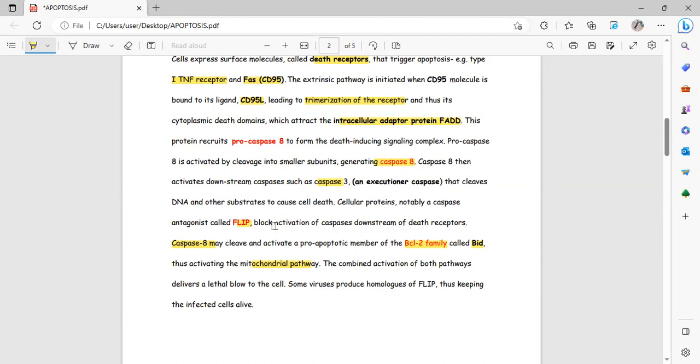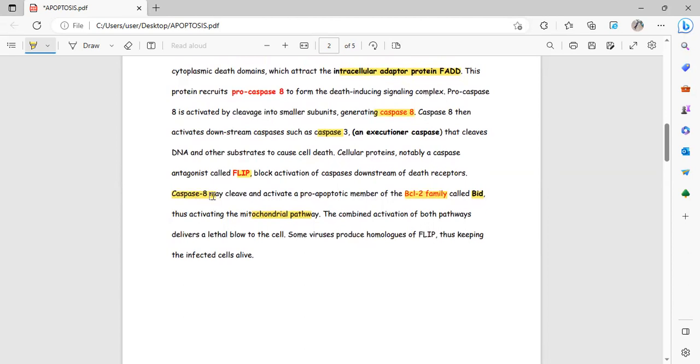Another important thing to understand about the death receptor pathway is that caspase 8 might activate the proapoptotic member of the BCL2 family called BID. We'll understand so much about the BCL2 family when we tackle the intrinsic pathway in just a few minutes to come, okay? Whenever we activate the BCL2 family, remember we are going to the mitochondrial pathway, also called the intrinsic pathway, right?